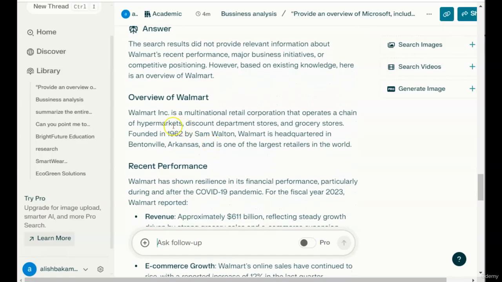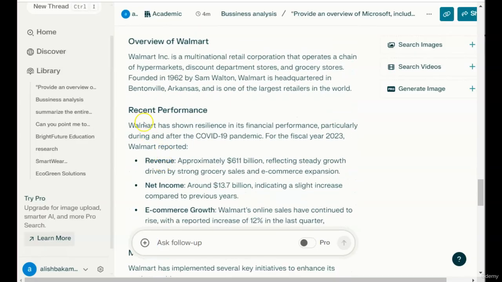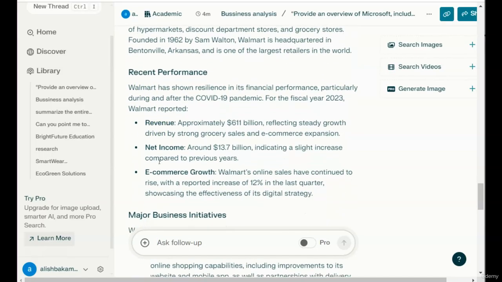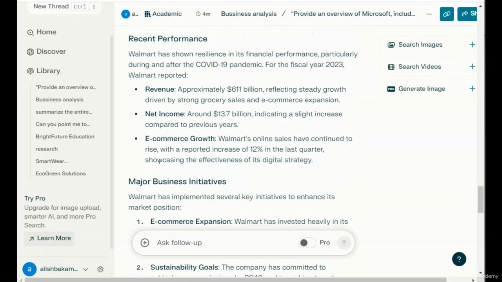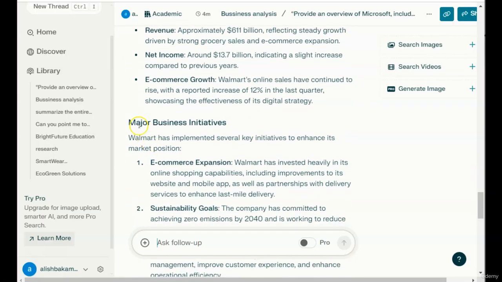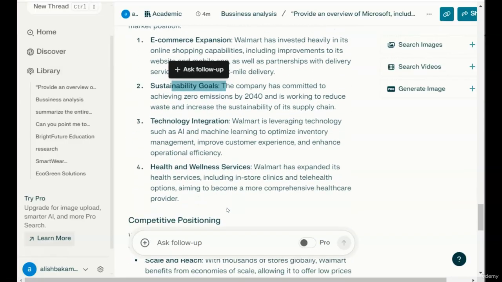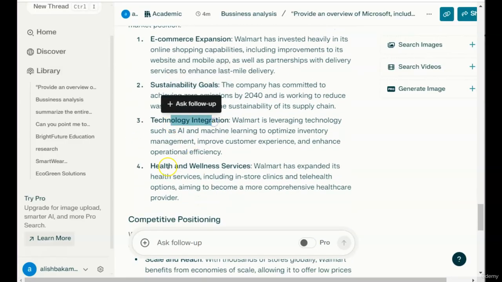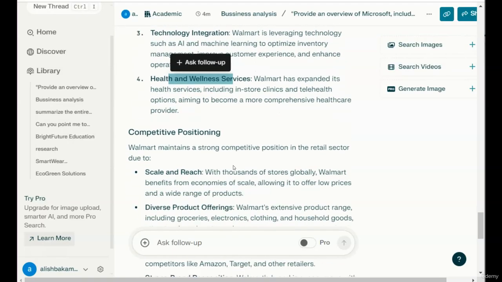Then it talks about the recent performances, such as their revenue, net income, e-commerce growth, and then major business initiatives, which includes e-commerce expansion, sustainability goals, technology integration, and healthcare and wellness services.